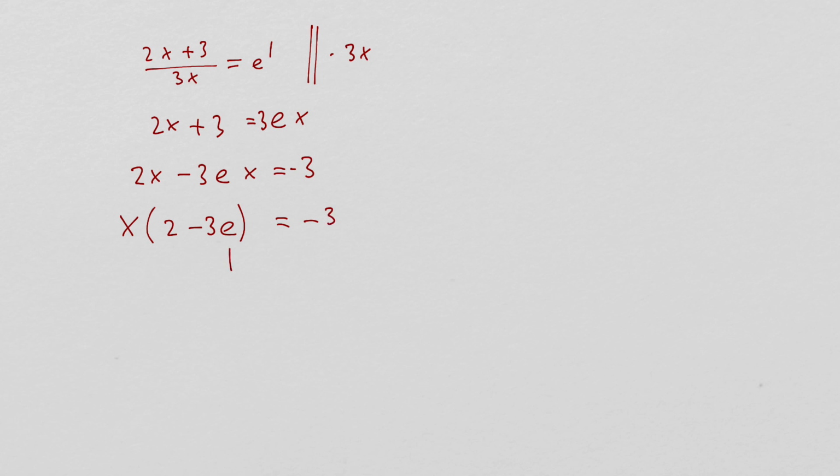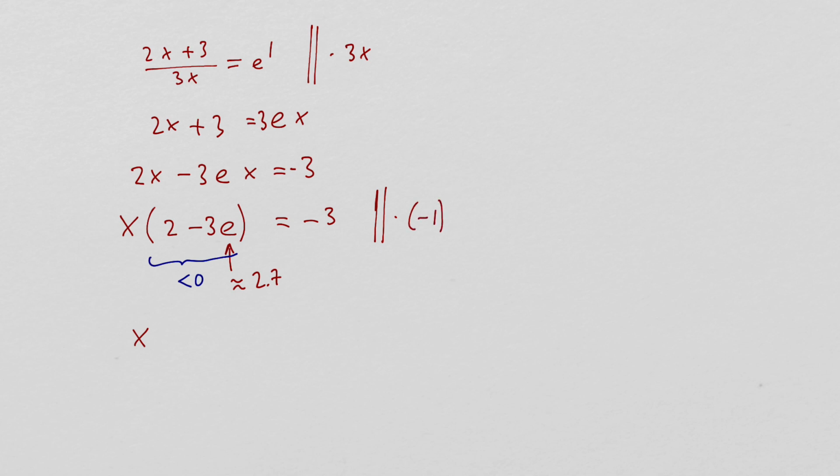Now, because e is about 2.7, we recognize that this number here is negative. So it might seem smart to flip it around. So let's multiply both sides with -1.